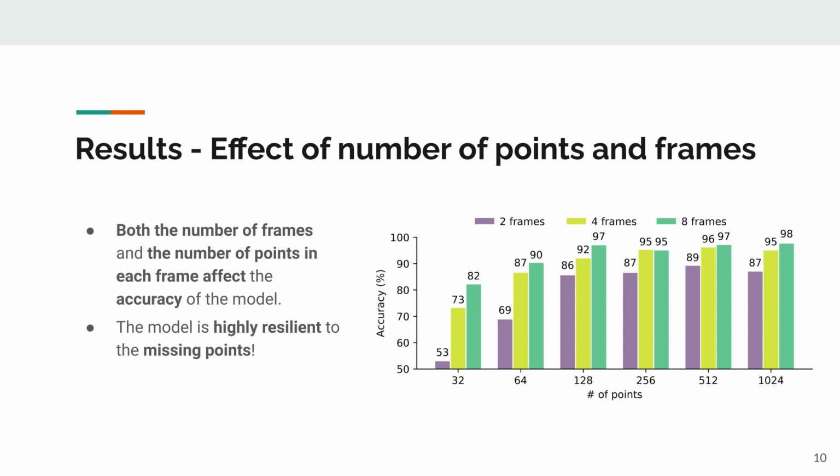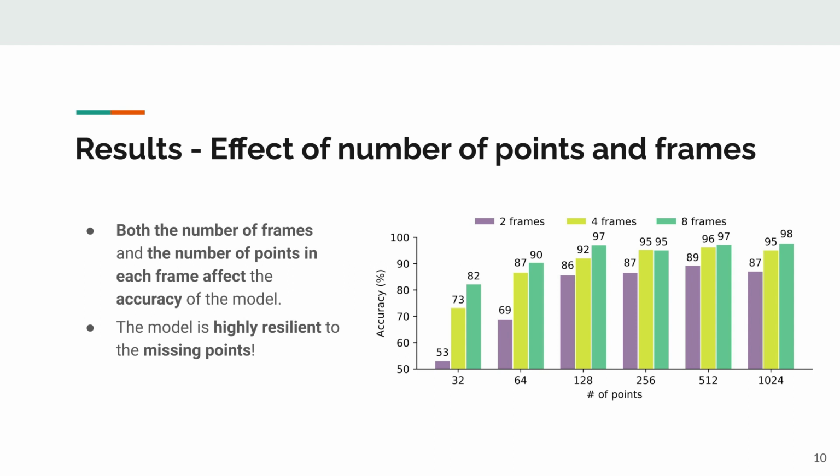There is another interesting point in the figure. By decreasing the number of points from 1024 to 128, which is almost one tenth of the input size, we only observe 1%, 3%, and again 1% drop in the data with different numbers of frames. Let's even consider a very strict scenario.